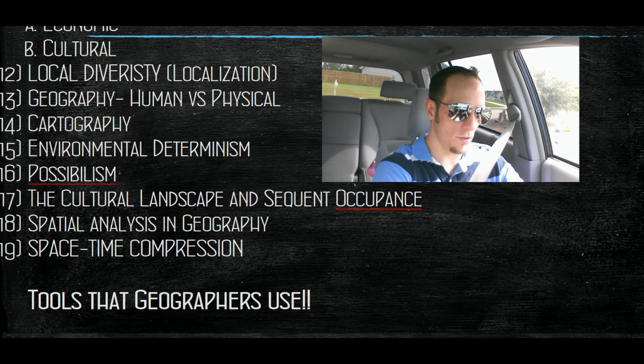Human geography, on the other hand, focuses on the interactions among human beings on Earth. So it looks at the spatial tradition. It looks at how we interact with the Earth around us and organize that Earth to meet our needs. And so these are some of the differences you're going to see in the discipline of geography as a whole, the human versus the physical.